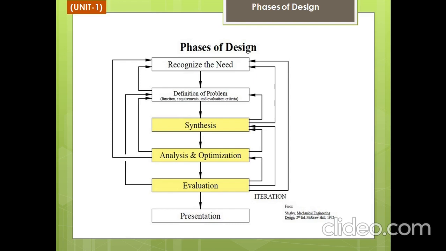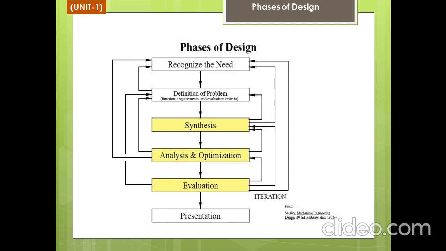It means that equation or that problem which governs the function of the product. So here we have to define the problem, and the definition of problem consists of function, requirements, and evaluation criteria.